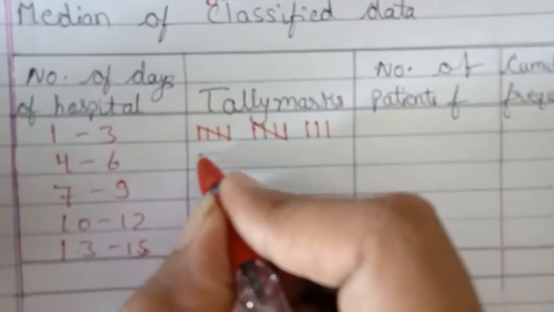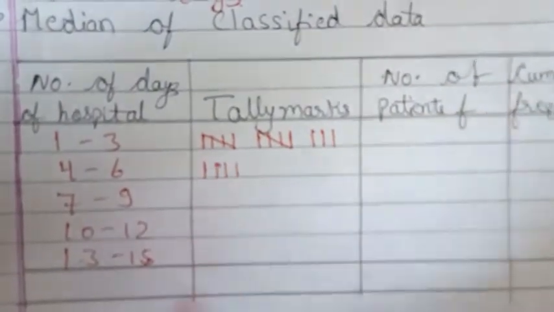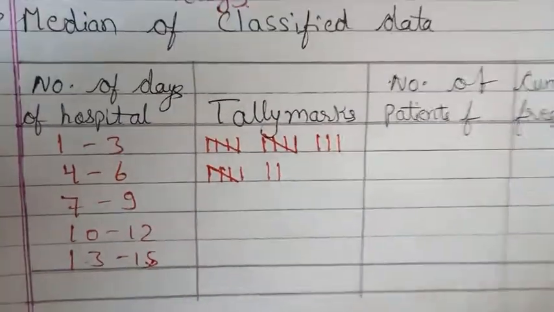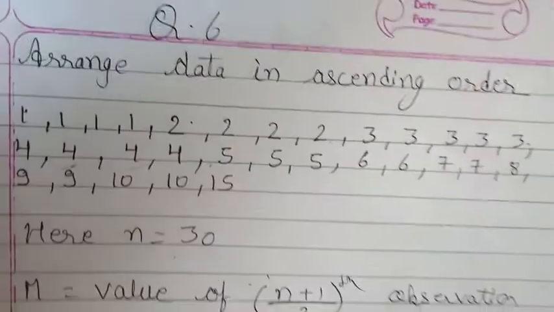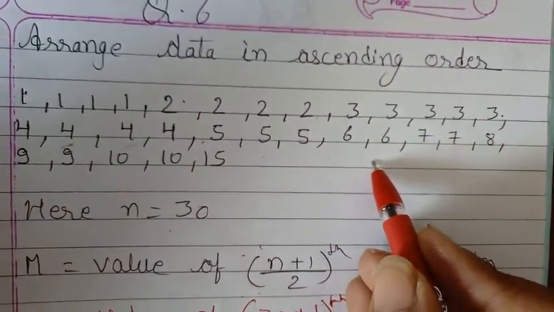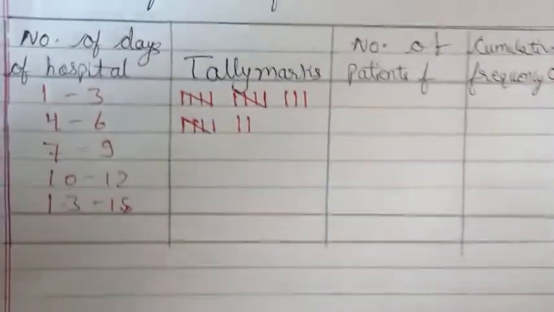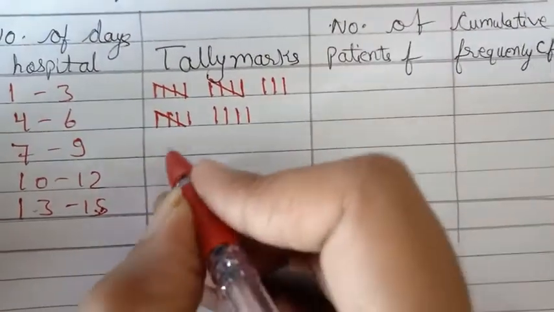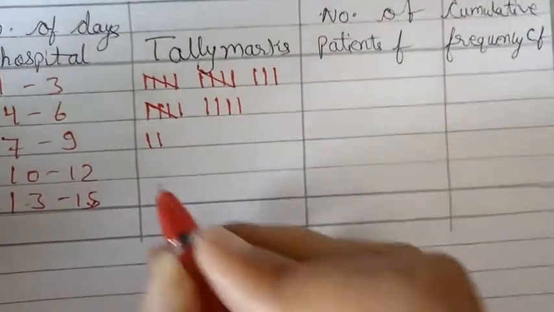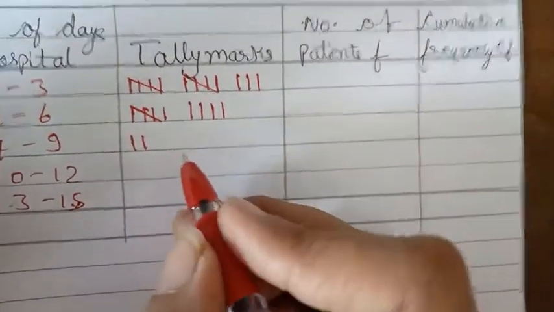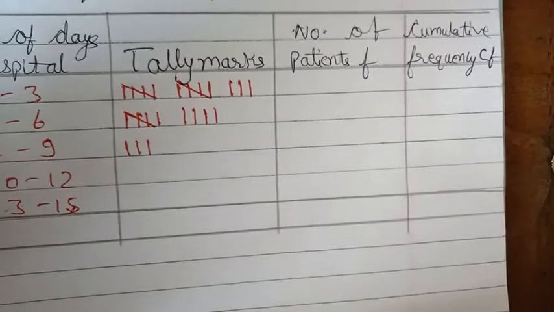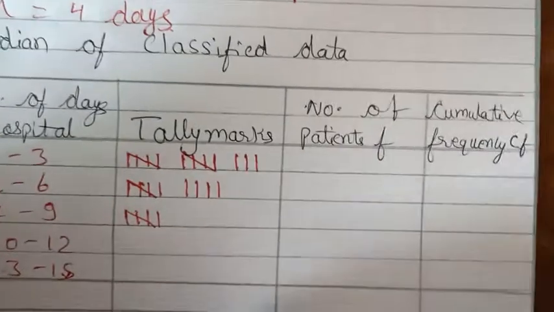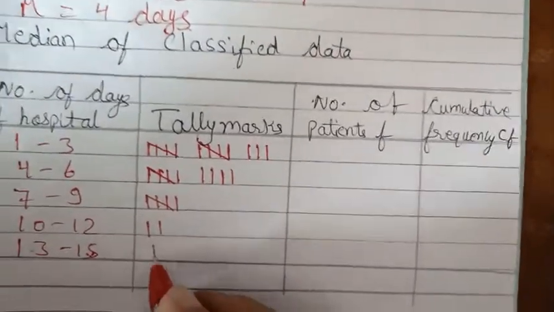So first of all 4: 1, 2, 3, 4, and then 5 gets repeated 3 times: 1, 2 and 3. After that 6 is getting repeated 2 times: 1 and 2. Then 7 is getting repeated 2 times: 1, 2. 8 is getting repeated 1 time. Then 9 is getting repeated 2 times: 1 and 2. And after that 10 is getting repeated 2 times and 15 is 1 time.